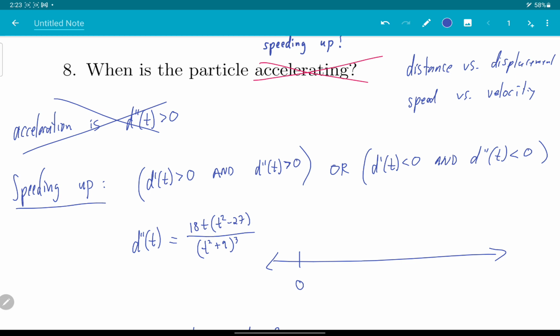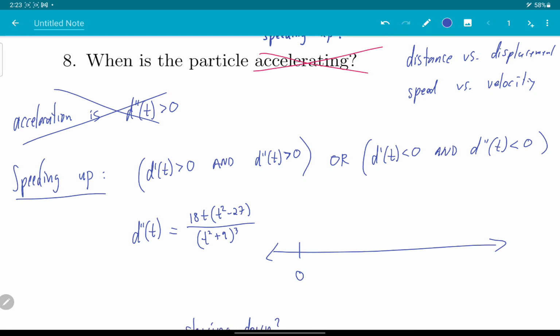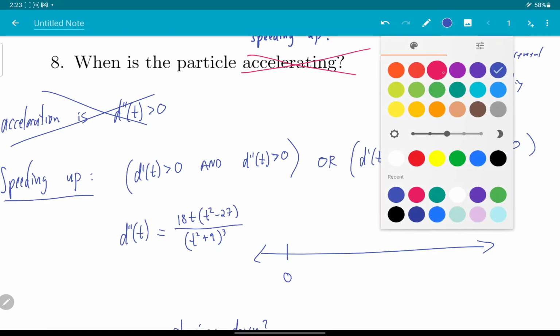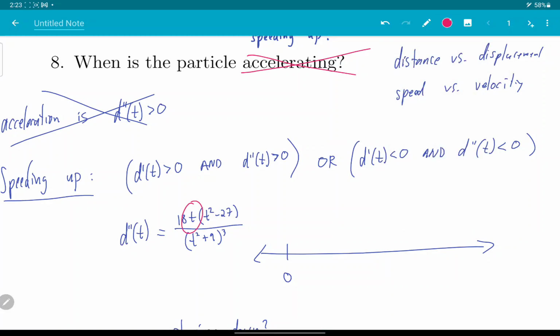well, I should first find out where it equals 0. Well, it equals 0 when this t is 0 or this bracket is 0. So I got my t equals 0 there already, and the other one is t equals root 27. That's when it equals 0.